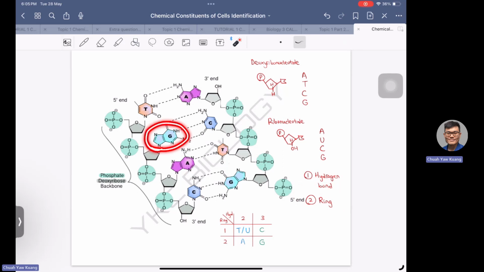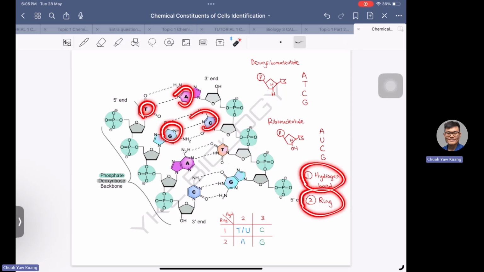If you see 2 ring structures, this must be guanine, because only G has 2 rings. If it's 1 ring structure, then this must be cytosine. With that, we can easily differentiate the ATCG based on the hydrogen bond number and also the ring number.